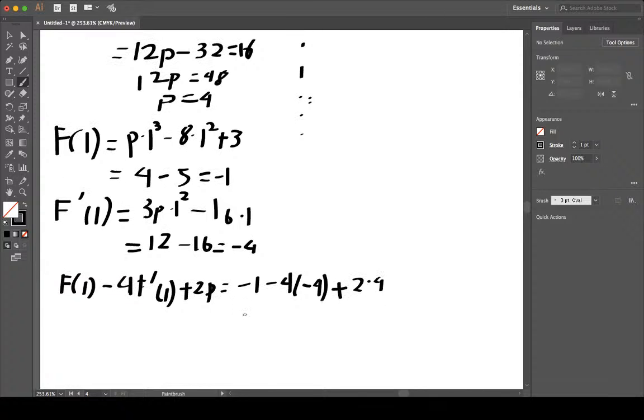So when you do this, that will be minus 1 plus 16 plus 8, which equals 23, which is D.